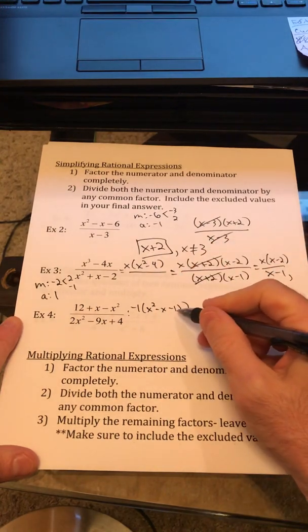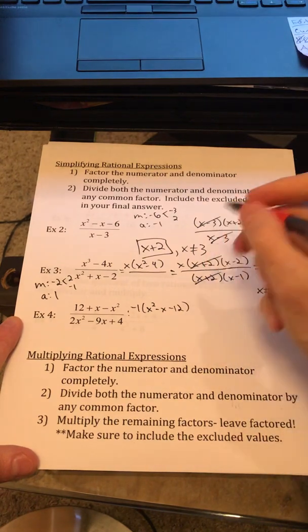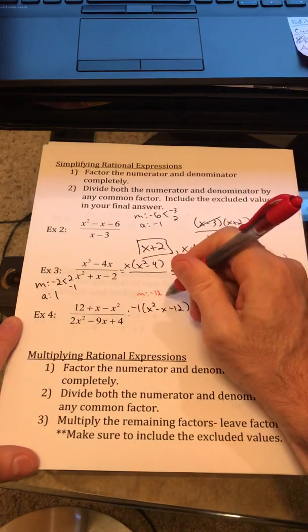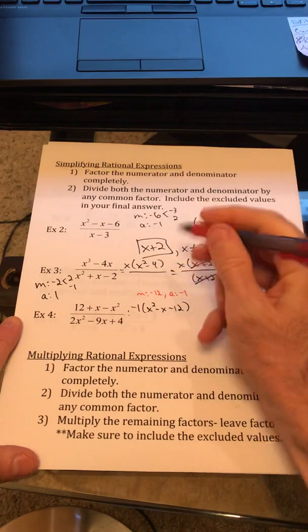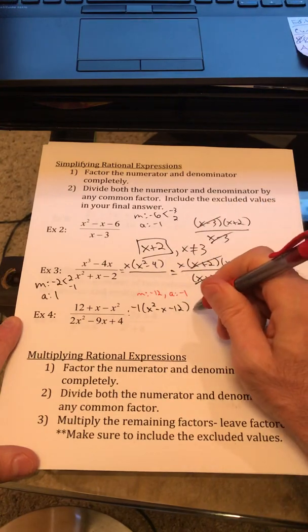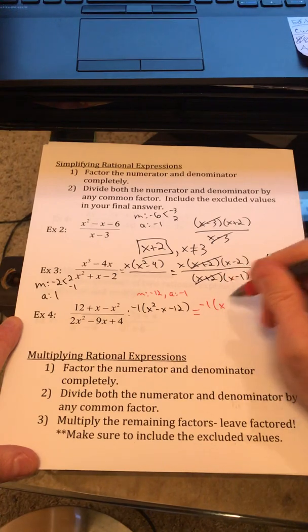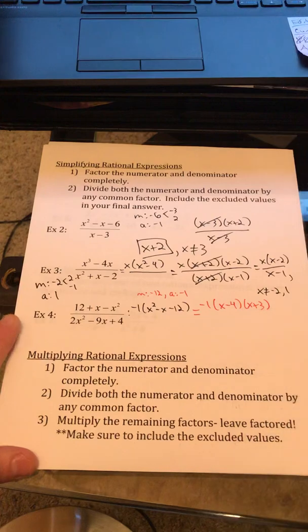And so now for the numerator, we are looking at what multiplies to -12 and adds to -1. Well, that's going to be, with the -1 there, x minus 4, x plus 3.